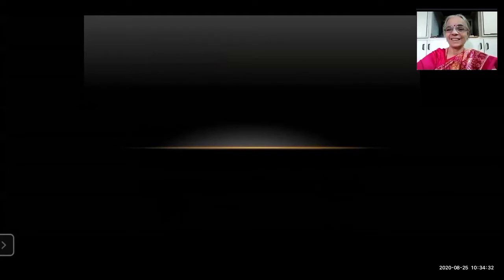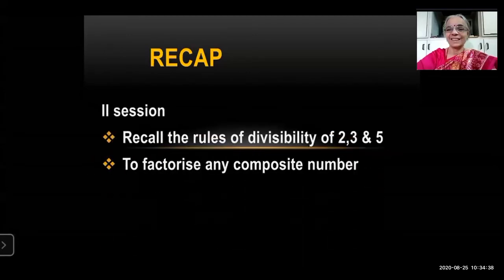Okay. In the second session, we recalled the rules of divisibility of some of the prime numbers, and then applying those rules, we practiced factorization of any composite number.